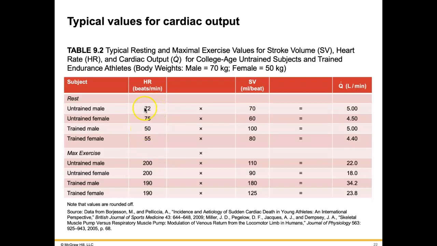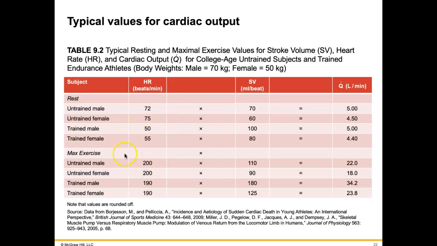We can see that these numbers have decreased, whereas the stroke volumes for untrained male and female, we have 70 and 60, and then when they're trained, those numbers go up. So notice how, as a result, we're going to have the cardiac outputs be about the same, but they're due to these numbers increasing and decreasing.